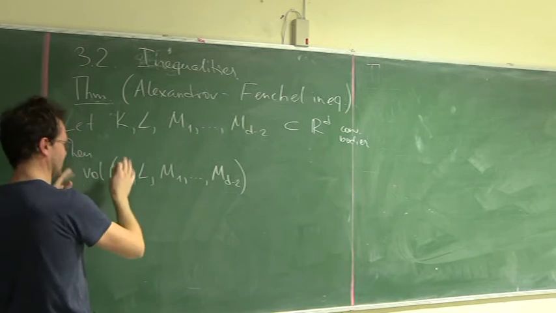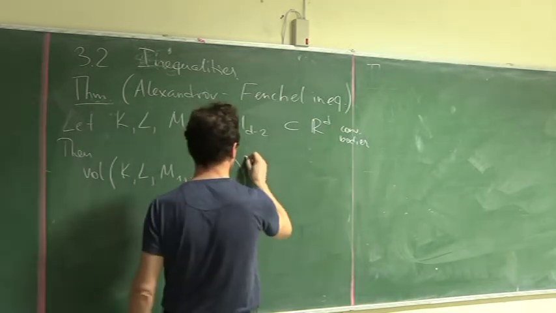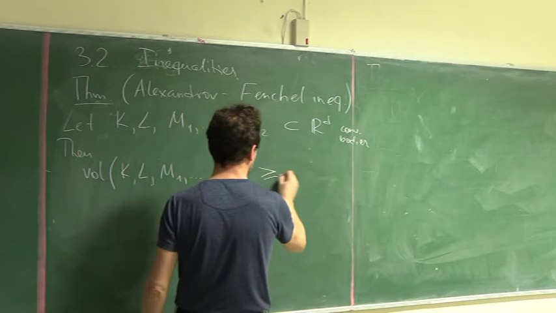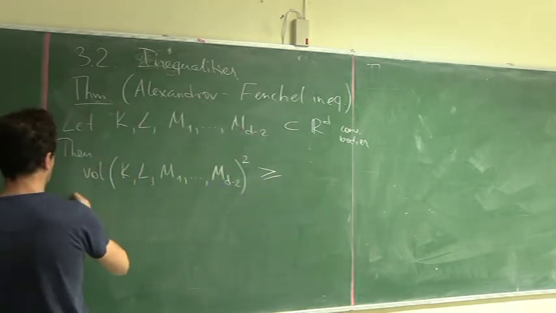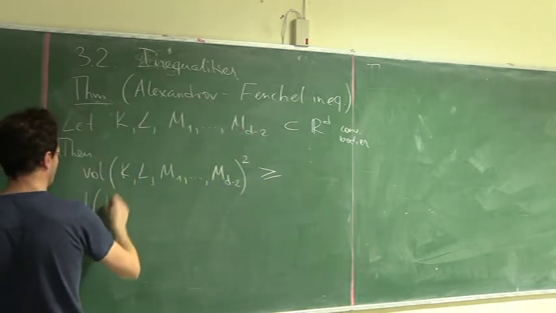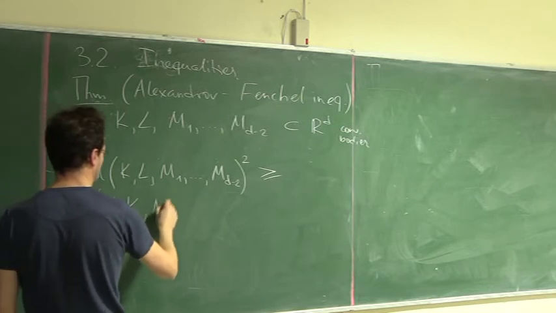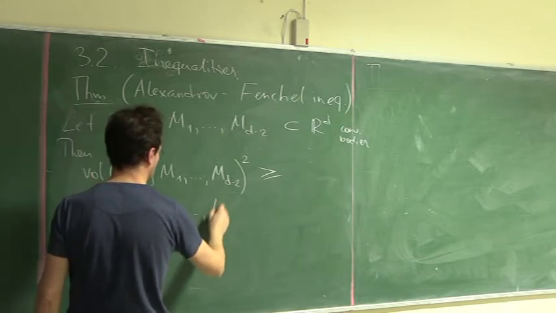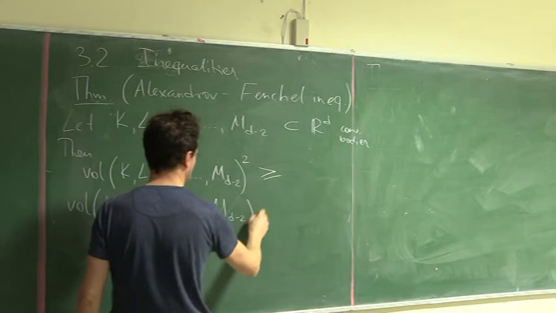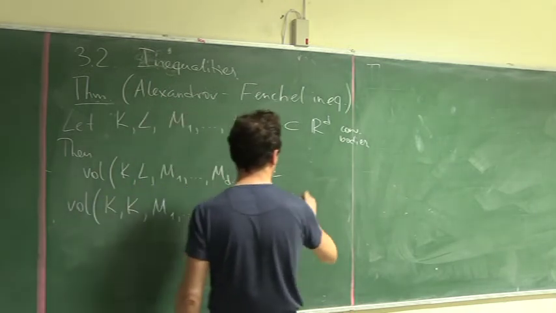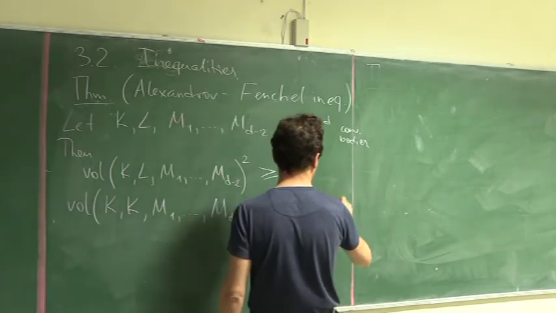All right, so now the inequality: if you take this mixed volume squared, then this is bigger or equal than the product of the mixed volume of K with all the Mi, times the mixed volume of L with all the Mi.